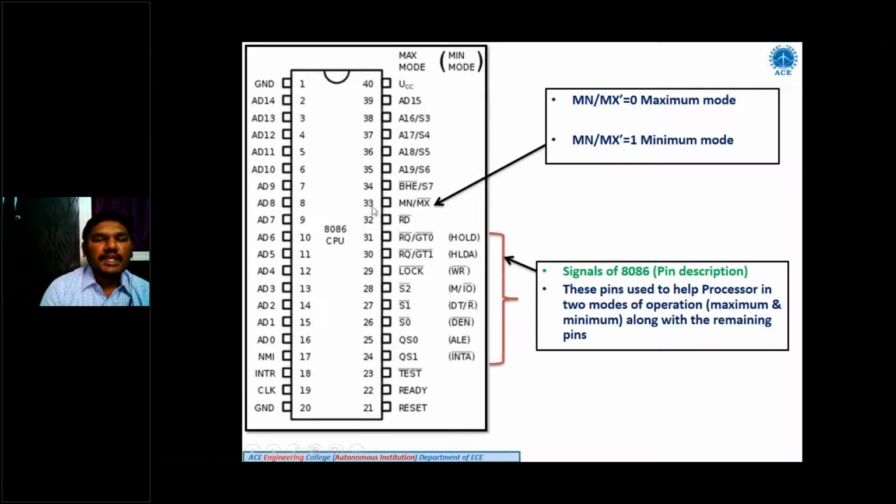By making this pin either low or high, the remaining pins, pin number 24 to pin number 31, will have some specific operations, and these pins are especially called maximum mode pins and minimum mode pins. Okay, so this is today's topic of this presentation.